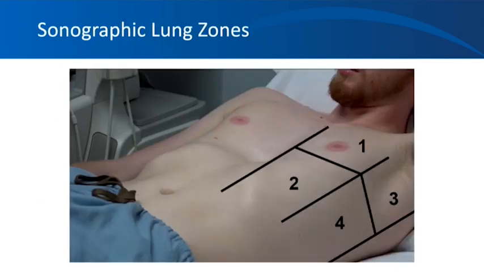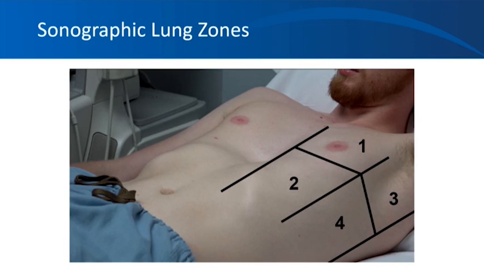Each lung area can be divided into 4 zones by way of parasternal line, anterior axillary line, and posterior axillary line, and above the nipple line and below the nipple. So you get 4 areas of examination in each lung to perform a quick bedside exam.